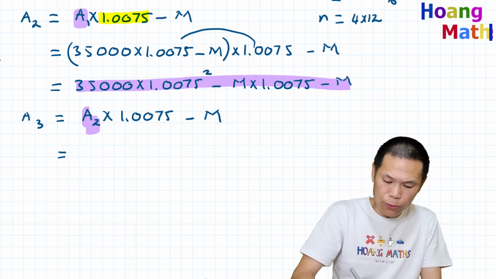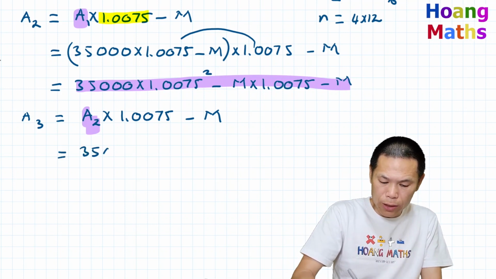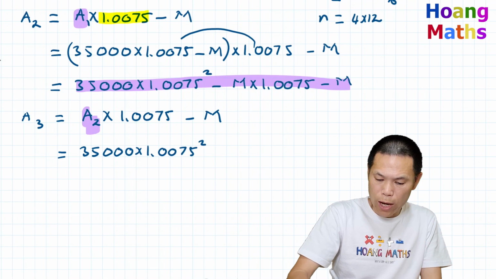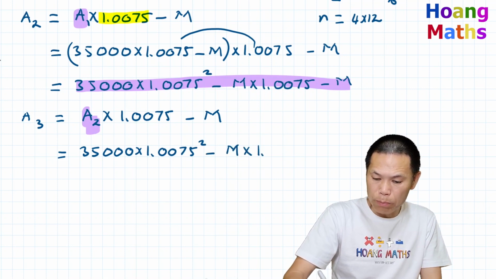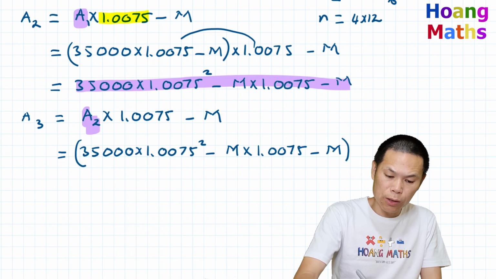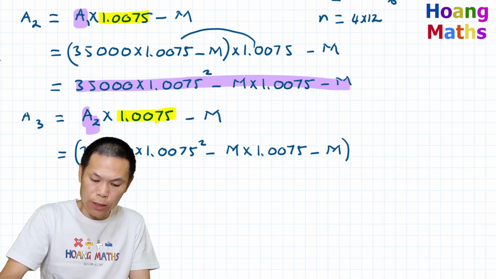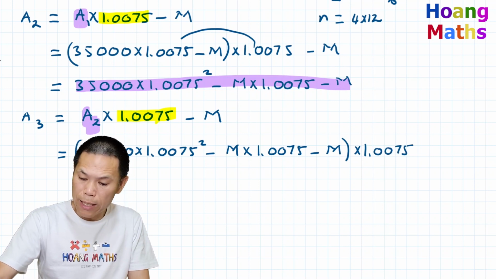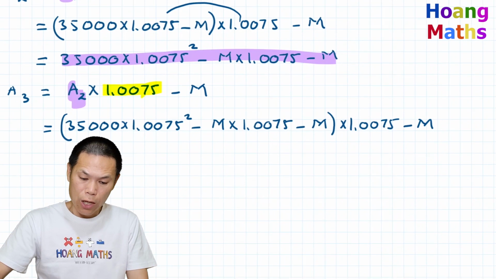So that is equal to 35,000 times 1.0075 squared, we minus M times 1.0075 minus M, and we times 1.0075, and we minus M, don't forget.